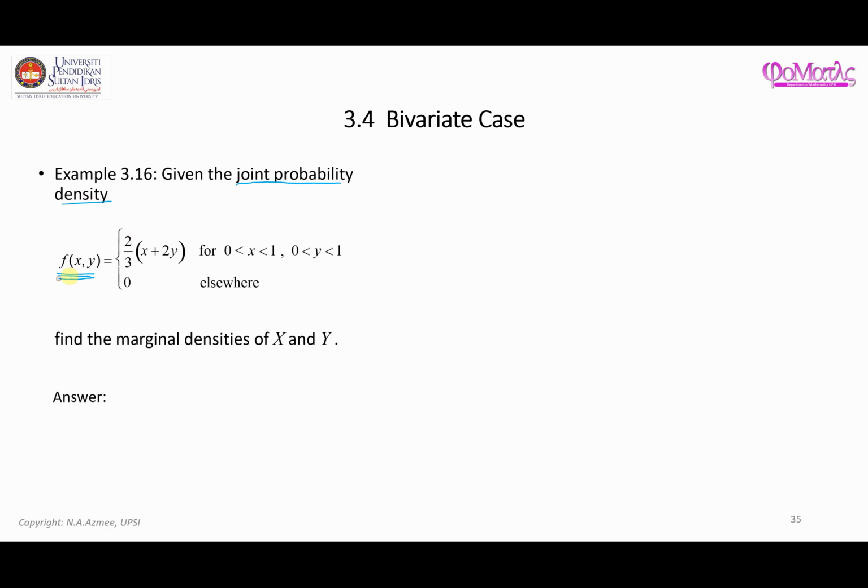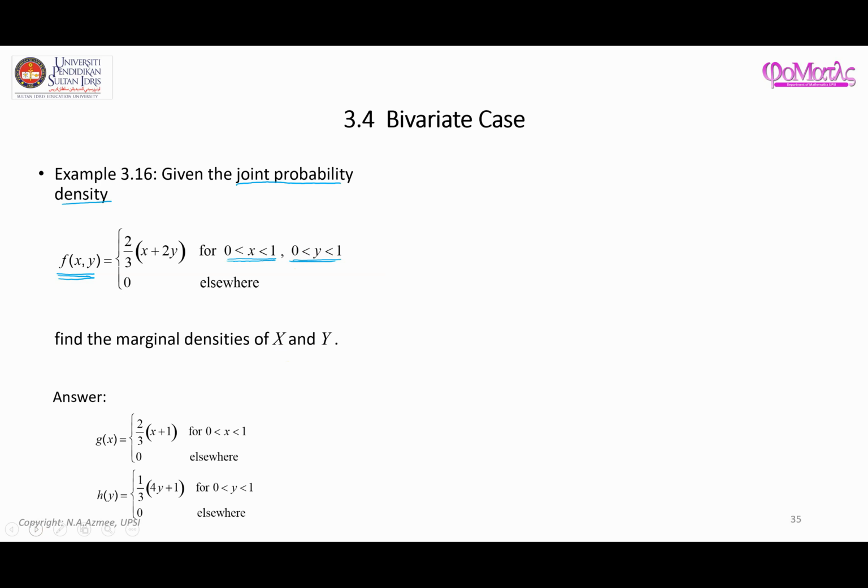So here is a function that depends on both x and y. And basically these are the limits for random variable x, and these are the limits for random variable y. We're going to find the marginal densities of x and y, and the answers are given right here, and I'm just going to show you how we can obtain such answers.